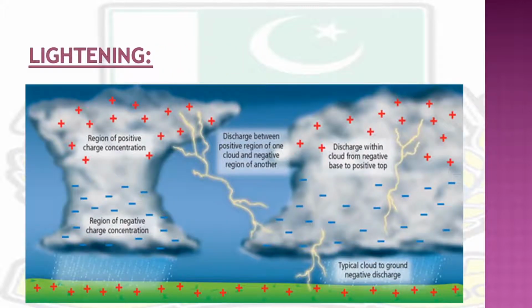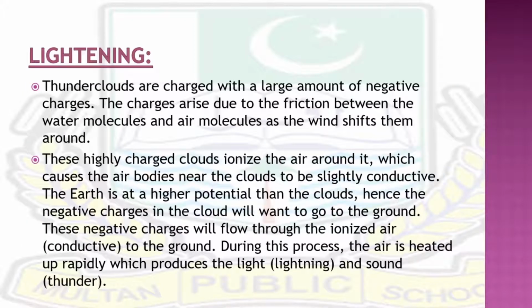The next one is lightning. Thunderclouds are charged with a large amount of negative charges, and the charges arise due to the friction between the water molecules and air molecules as the wind shifts them around.